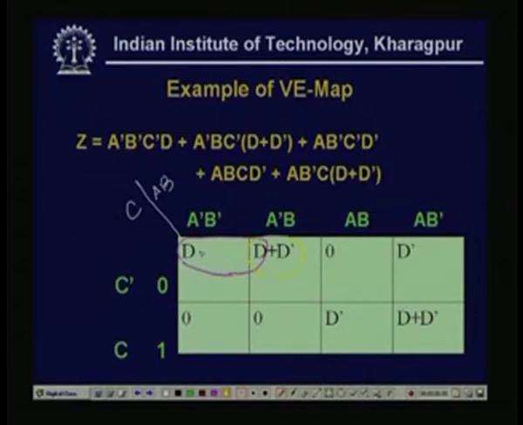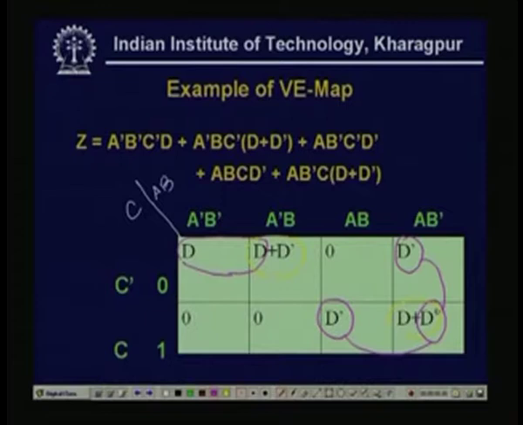Similarly, here D plus D' itself will make a couple, but then the adjacent D' will make a couple with this D'. Similarly, here this D' will make a couple with this D'.